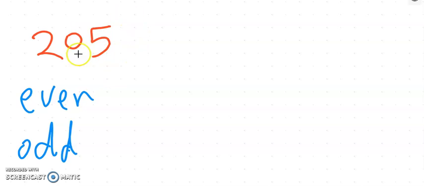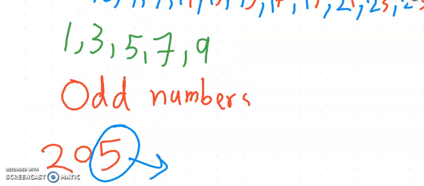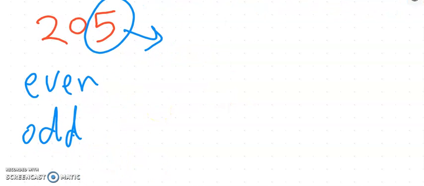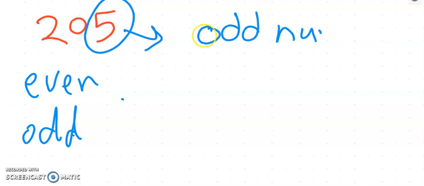Well, let's take a look at the ones place digit. Where is the ones place digit here? It's 5, right? As we learned, 5 is odd. Here you see these numbers are odd numbers. So this number 205 is an odd number.